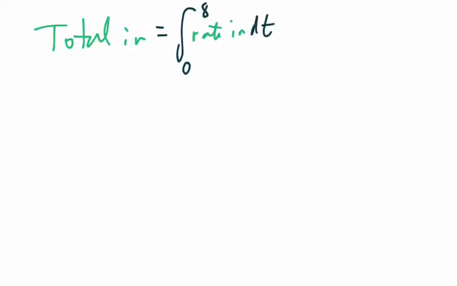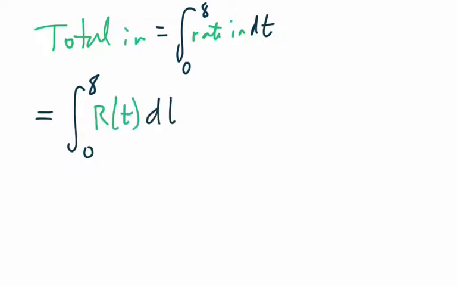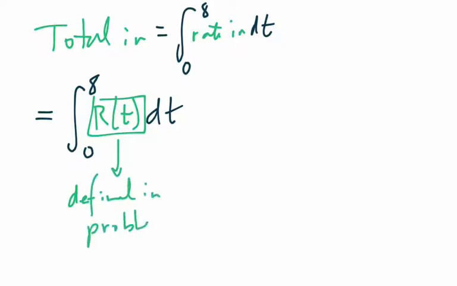And then, pro tip, you can simply write r of t, because r of t represents the rate in, and r of t is defined in the problem. Don't write integral rate in, because the function rate in is not defined in the problem.